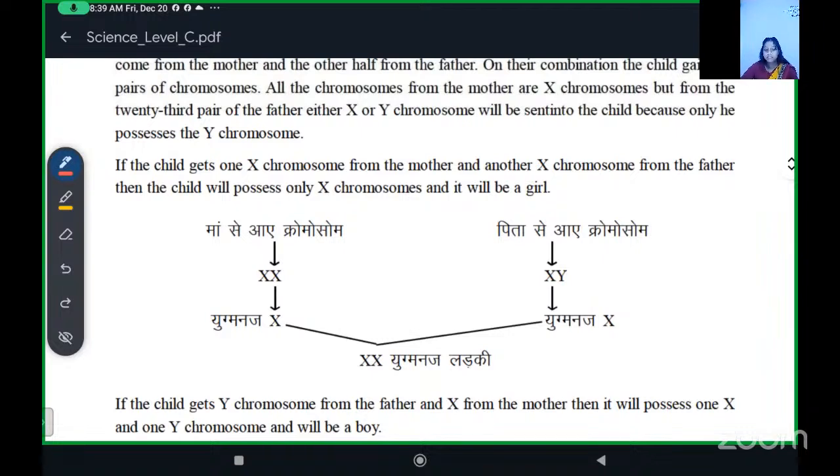So there are 23 pairs in the mother, making 46 chromosomes, and only 23 of the chromosomes will come, and they're all X. But from the father, it can be a Y or it can be an X. Yes, that is right. From the mother, only the X chromosome will come, because the mother only has the X chromosome. But from the father, it can be an X chromosome or a Y chromosome. That is the thing.